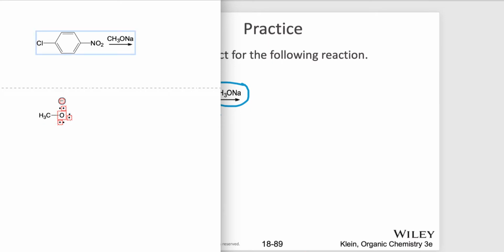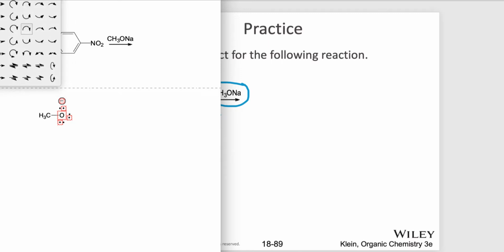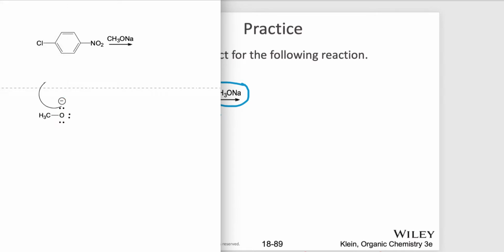It will help you to draw out in detail the nitro group, because then you can use your curved arrow formalism, which would mean you first attack. I think I grabbed the wrong arrow. You need to draw a full curved arrow.